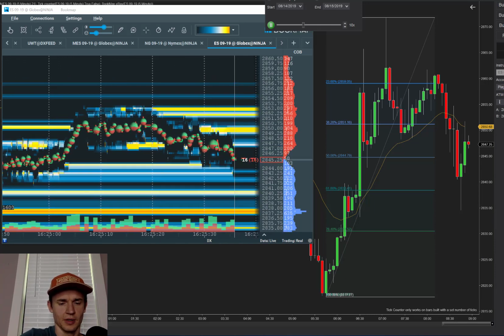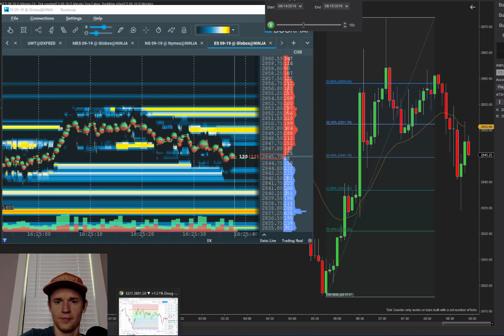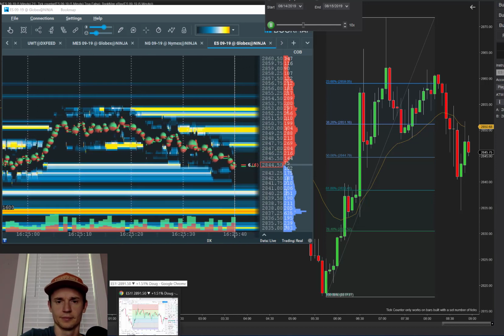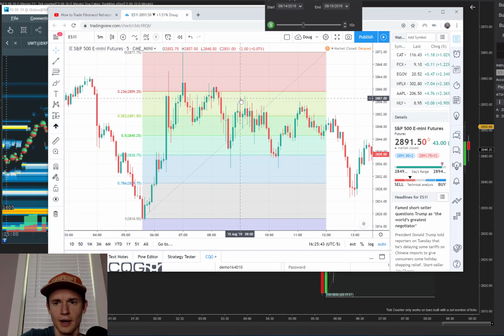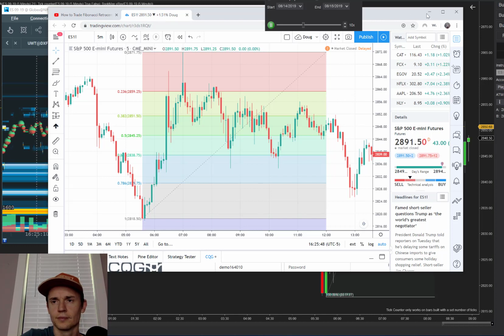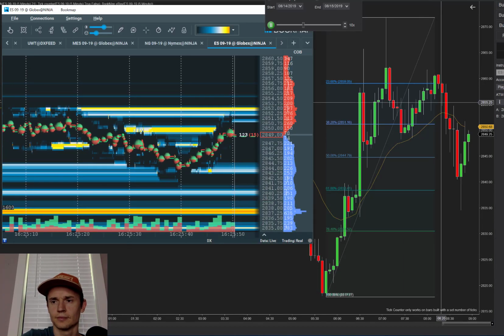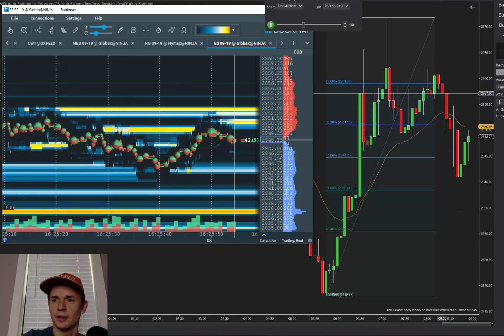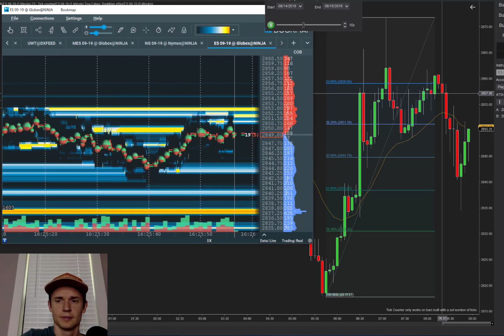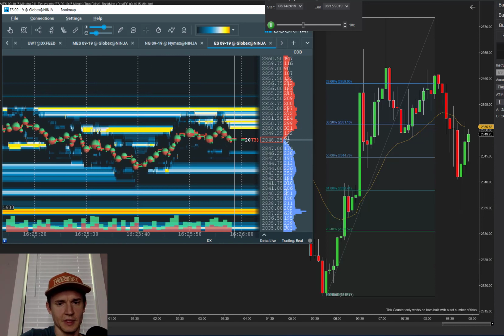So where's the next point of interest on this thing? Is that all the higher it gets to is 28.57? Oh yeah, so we still got some room to run up here. So let's see what happens at 28.57.